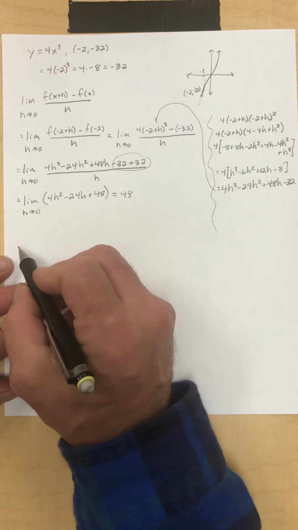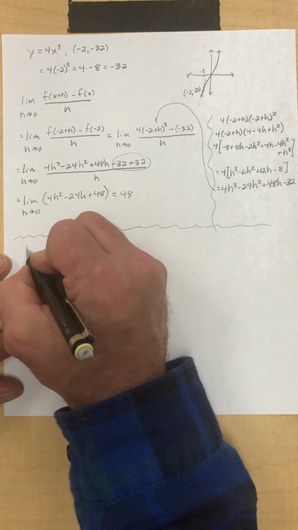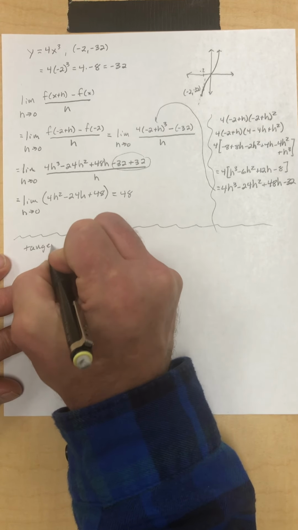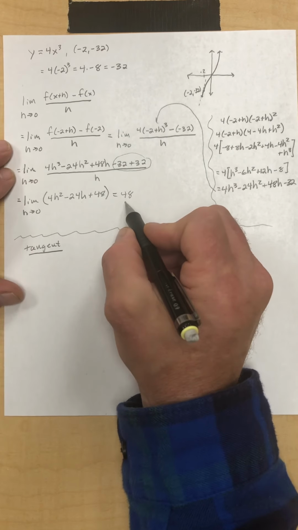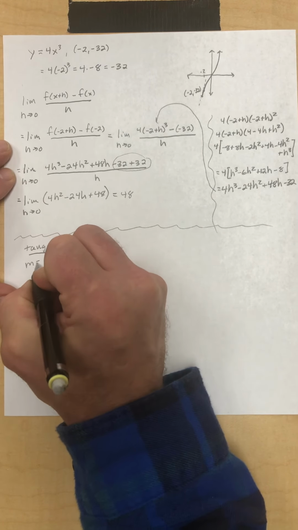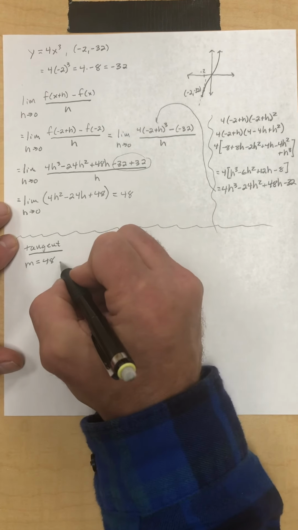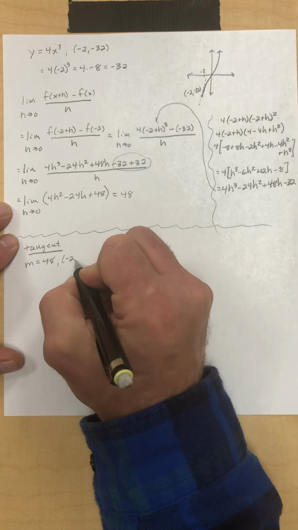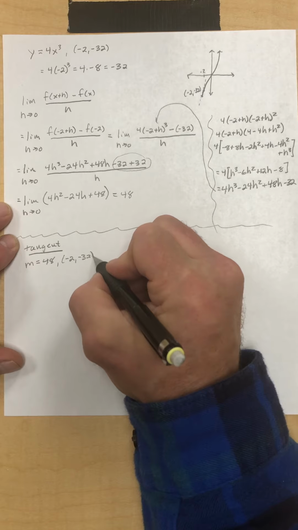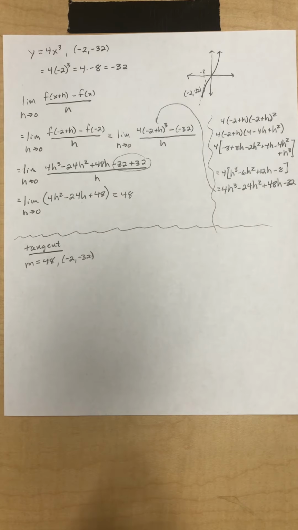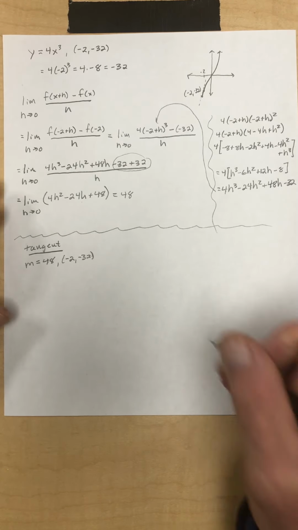So we go here and we have to do a tangent line and a normal line. Tangent. And so we say, well, this is our slope. So we get a slope of 48, and it's going through this point right here, -2 and -32. And then I have to do a normal line. And remember, the normal line is perpendicular to the tangent line.